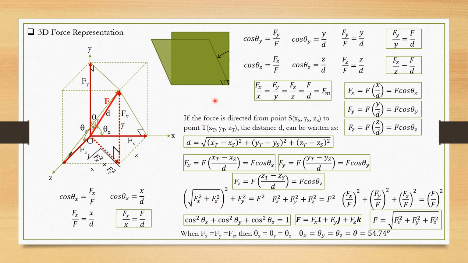So all these are the principles and formulas that you will apply in the analysis of the following slides, which are devoted to problem solving. So I hope that you can recall the important principles, especially in computing the component of the force and the magnitude of the force, or simply the resultant.